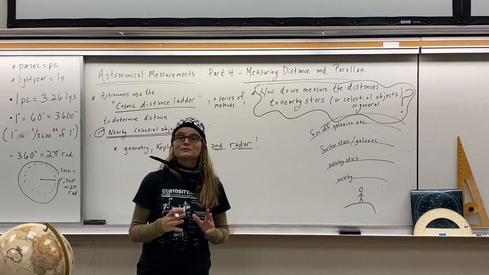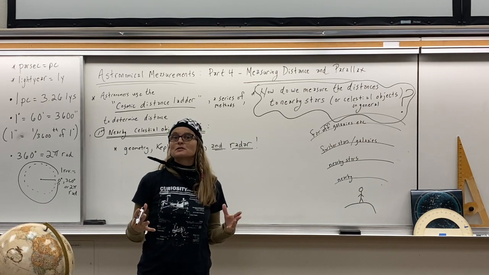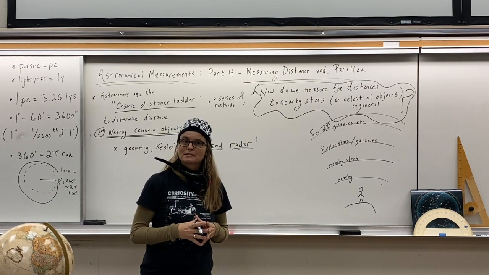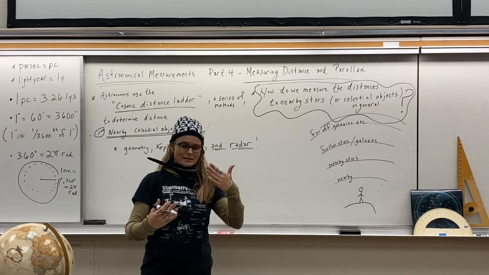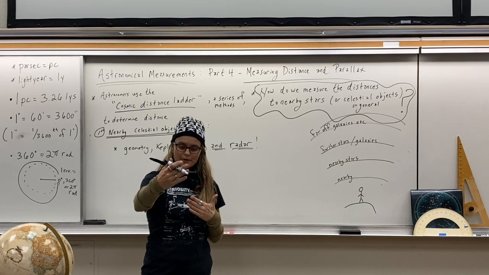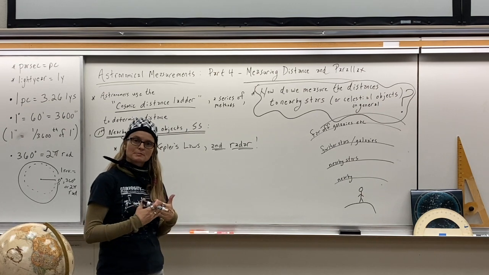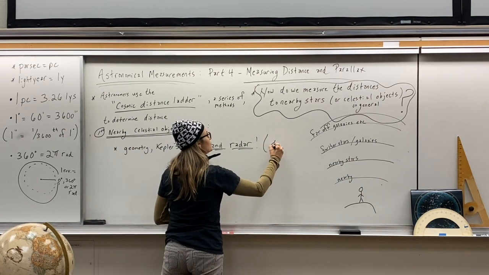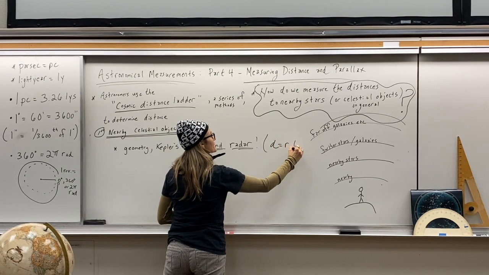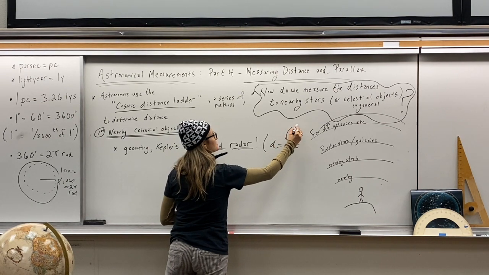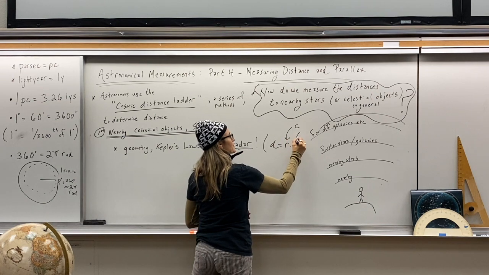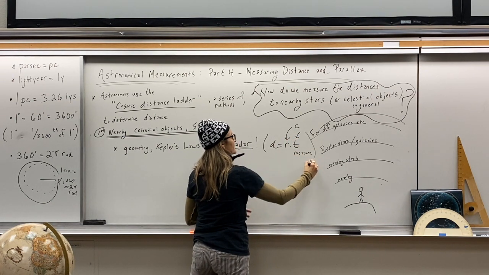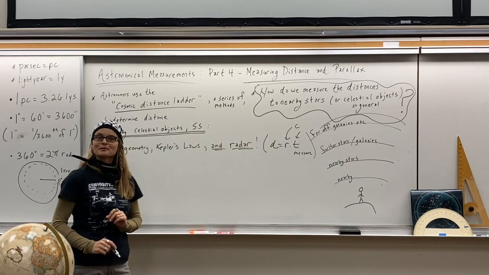So if we want to find the distance to the moon, all we do is we take laser light, we bounce it off the surface of the moon, and we time it, and we figure out how long it takes to come back. We use the speed of light and that time to find the distance. And we use a simple distance equals rate times time, where the rate is the speed of light. The time is what we measure. And then we get a good, accurate distance to the moon.